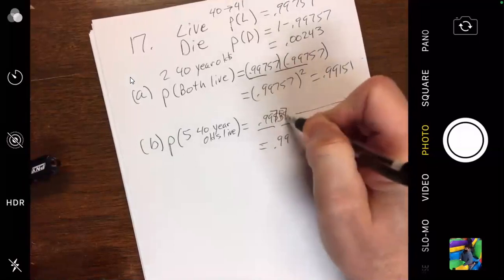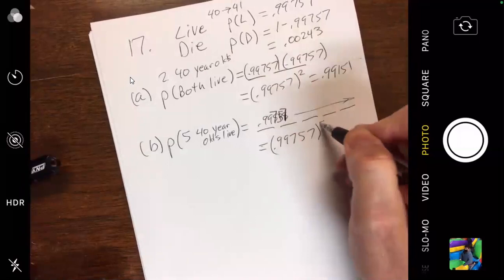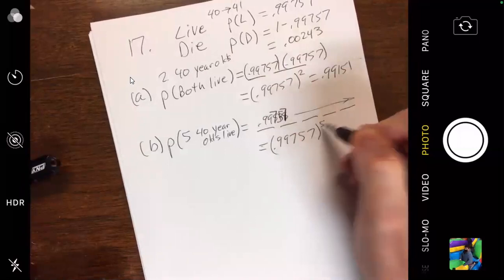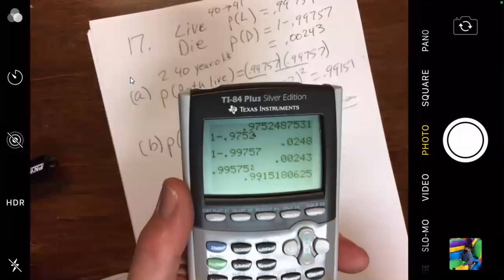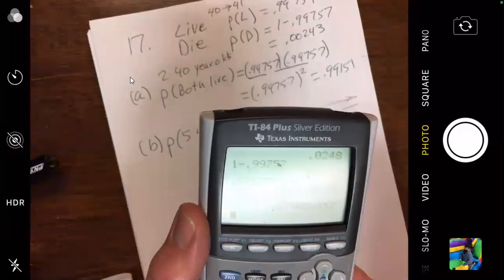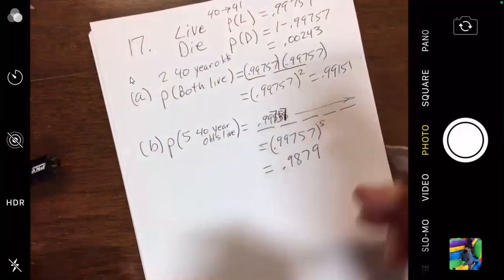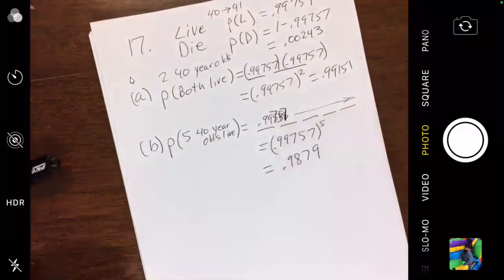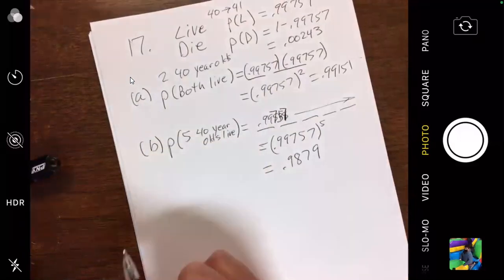Dyslexic today. So it's 0.99757 to the 5th power, which is 0.9879. 98% chance all 5 would live.